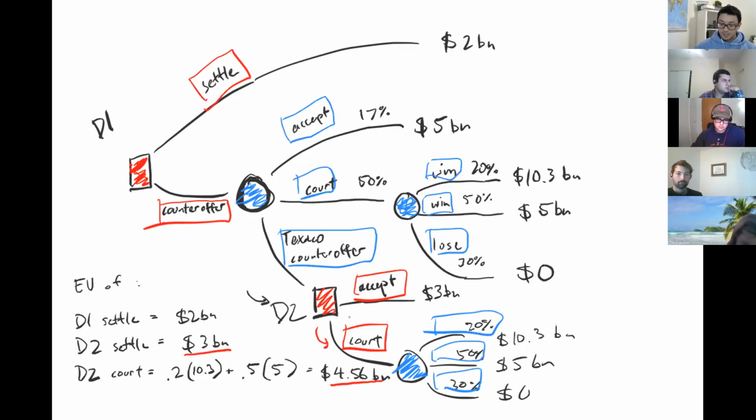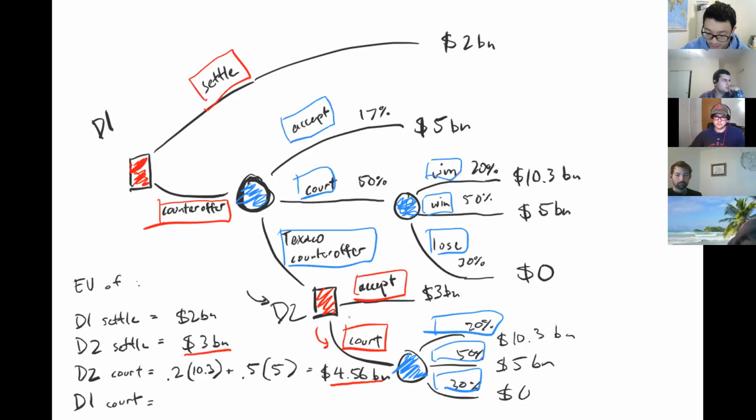Okay, so then how do we go about calculating D1 court? So it's going to be essentially the same thing. Oh, actually, I did leave out one little detail.